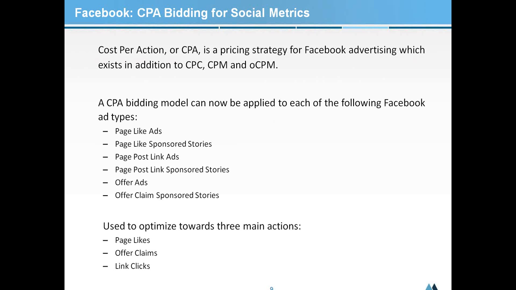So as you can see, many of the CPA bidding models optimization are focused around three main categories, or main actions, if you will: the page likes, offer claims, and link clicks. So this CPA pricing strategy is now available to you within our application.